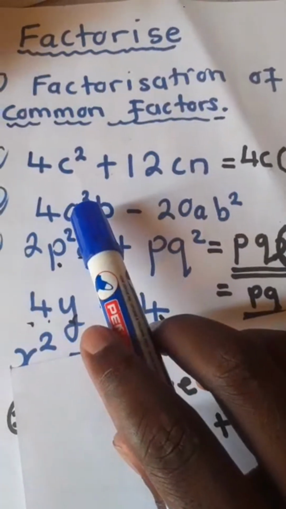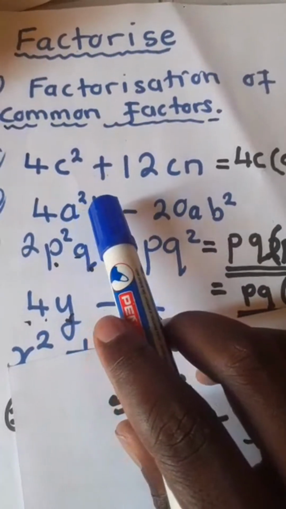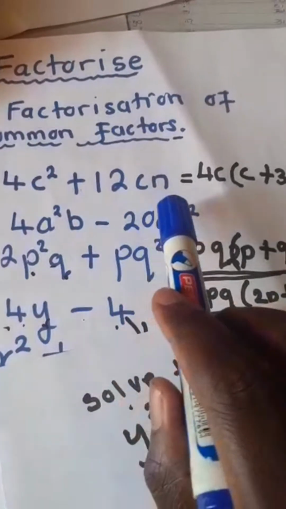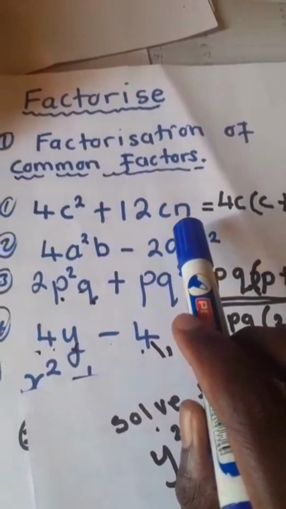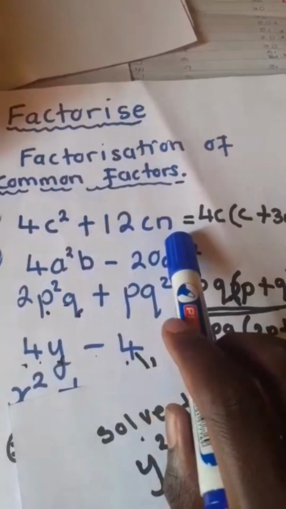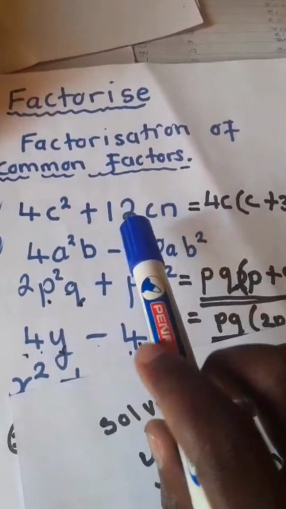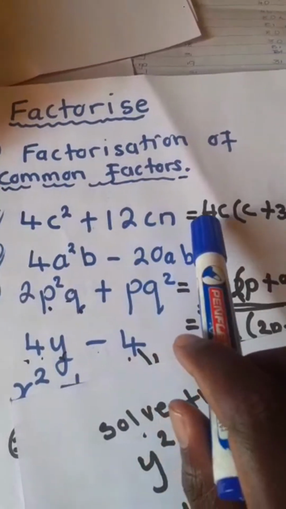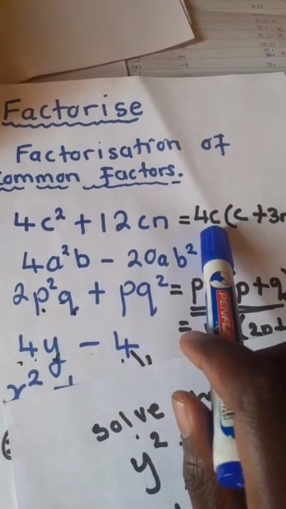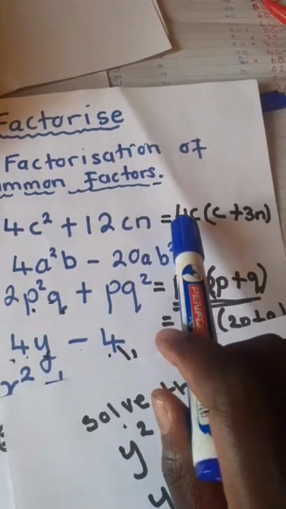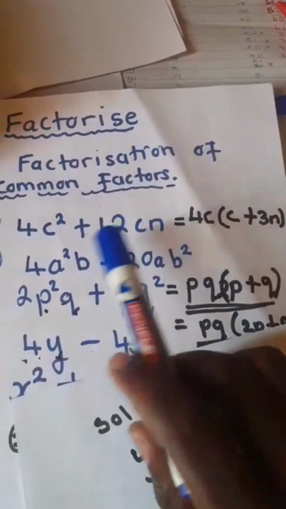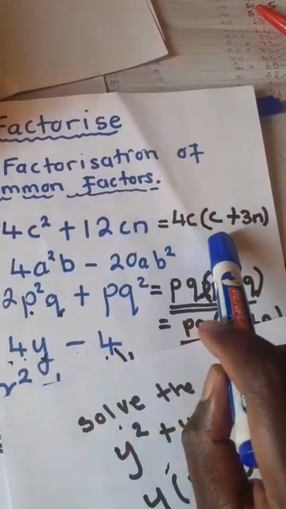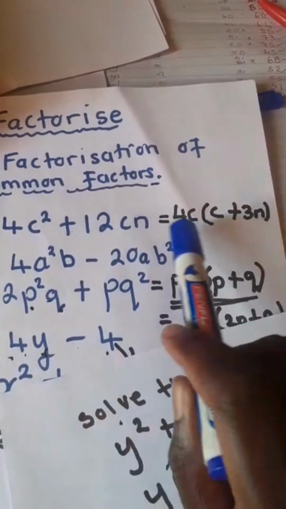The first one was 4c squared plus 12cn, and we are asked to factorize completely. So we look for common factors. And the common factors were 4 and c. So 4c. Then we factor out 4c, and we are left with c plus 3n.